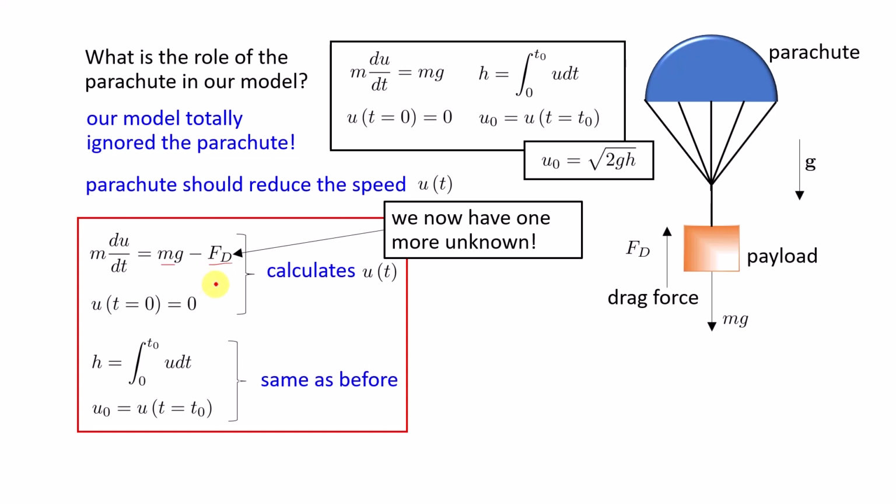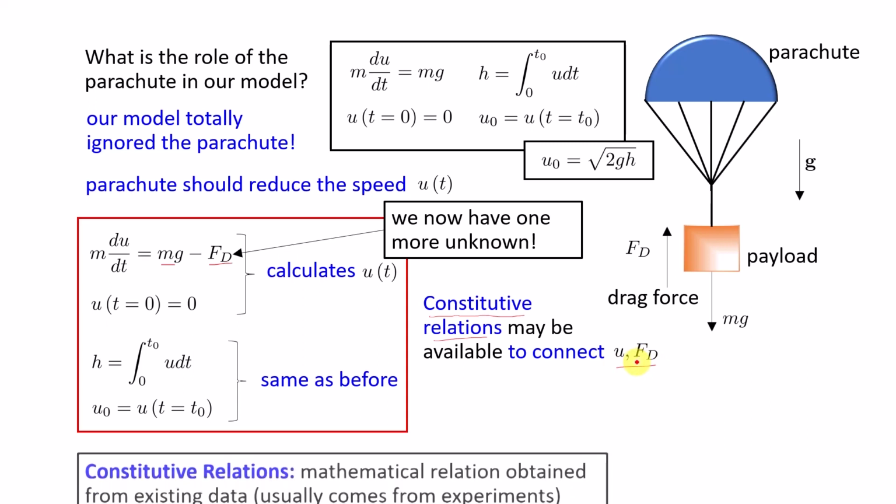But what we usually do in such cases, the simplest solution, is finding something we call a constitutive relation between U and Fd. If we find a constitutive relation, we'll bring it there.